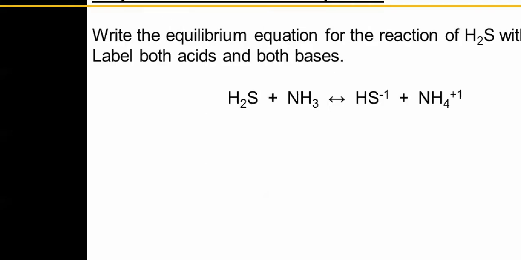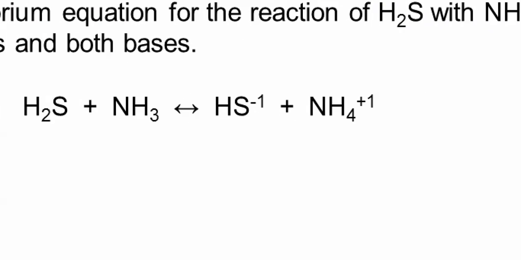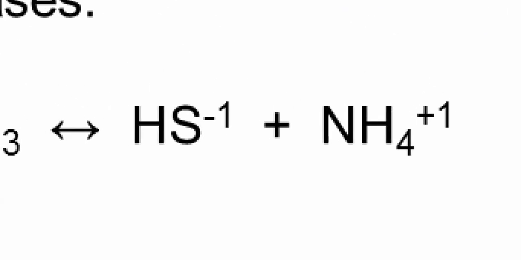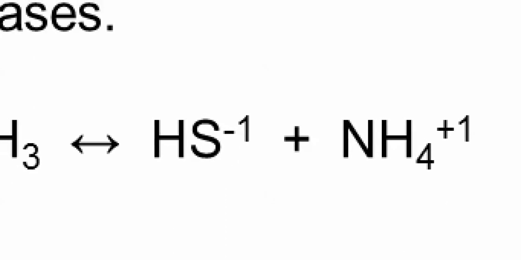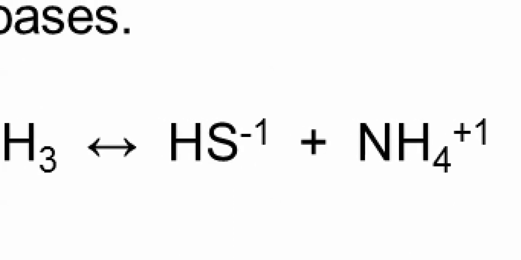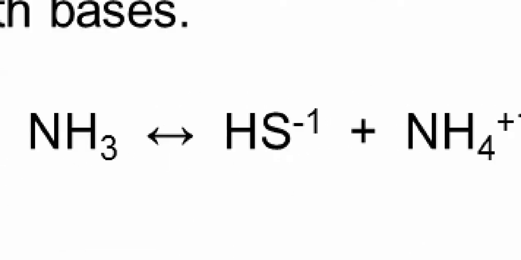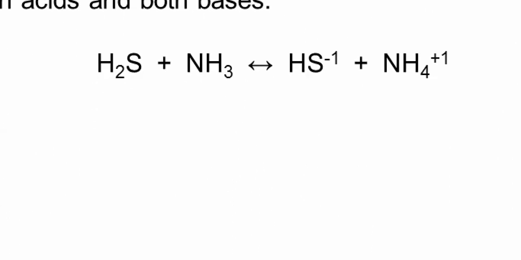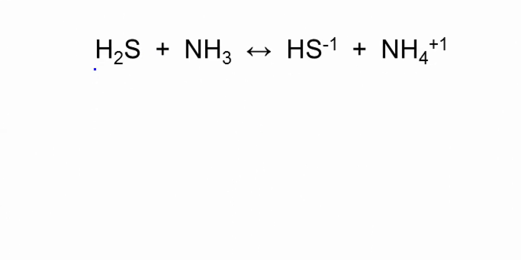Okay. So hopefully after that, if you actually paused the video, you would be able to get something along the lines of this, where the hydrogen sulfide and the ammonia, as you can see, react to form these two products. So the ammonium ion and, I don't know what that's called. Anyways, so there you have the reactants and the products.